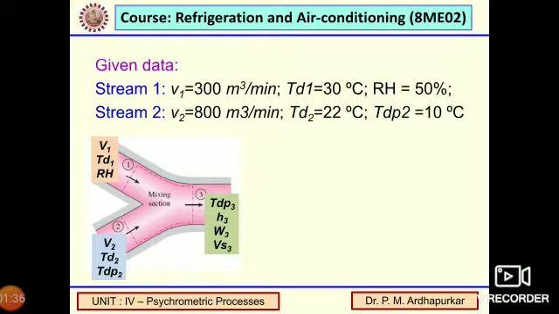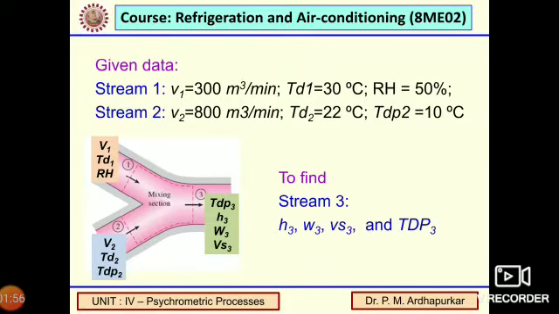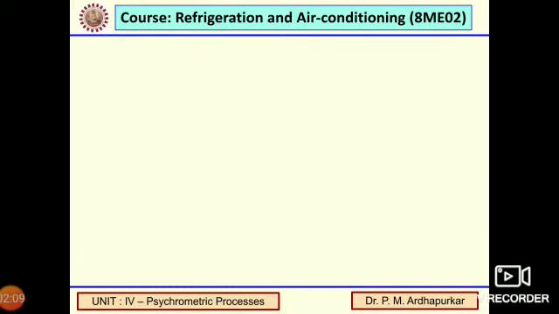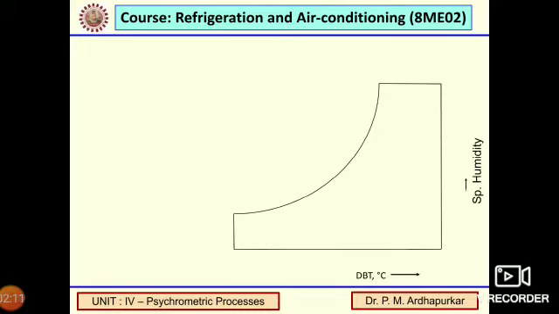For recirculated air as stream 2, the volume flow rate V2 is 800 meter cube per minute, dry bulb temperature is 22 degrees centigrade and dew point temperature is 10 degrees centigrade. These two streams are mixed to get a mixture. We have to find out the condition for the stream 3, its enthalpy, specific humidity, specific volume and dew point temperature. In order to solve this numerical, let's take the help of psychrometric chart.